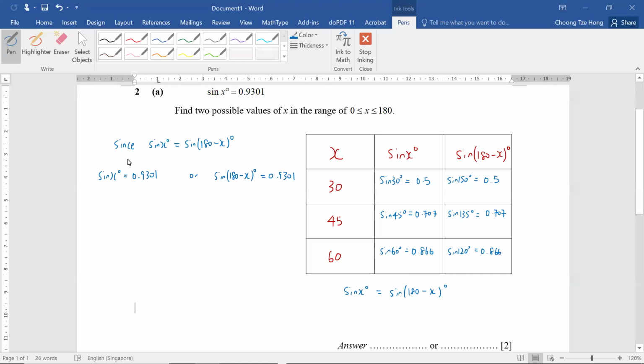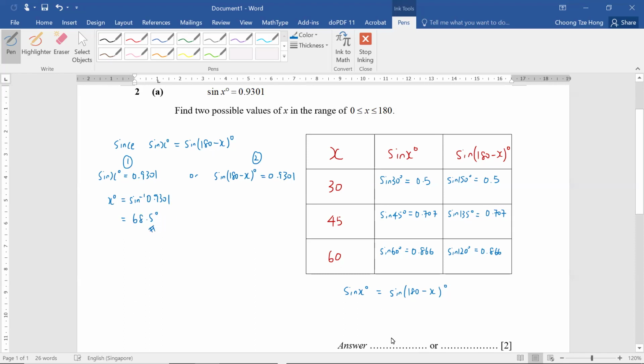So basically here now you're going to solve two equations, 1 and 2, and that's why you arrive at two answers. So to calculate x degrees, we will need to do sine inverse. Okay, so this will give us 68.5 degrees.